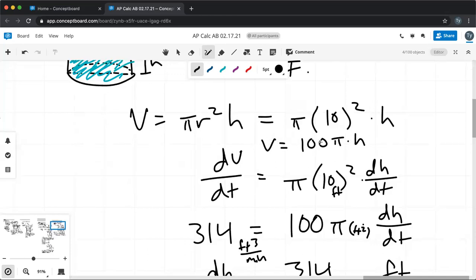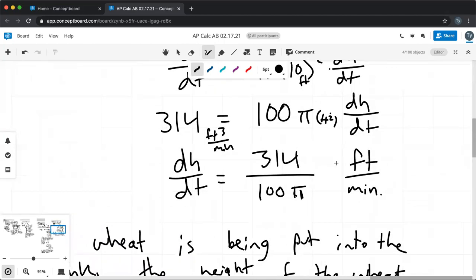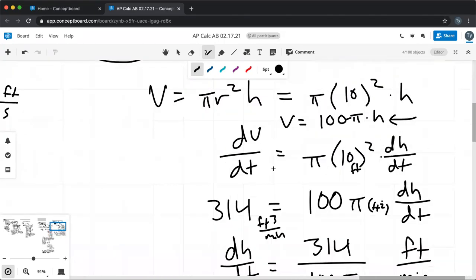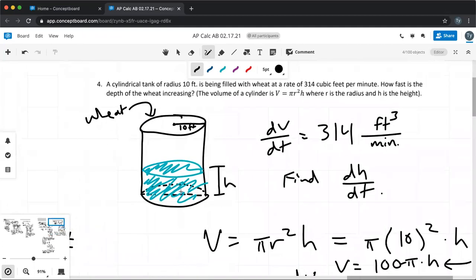So I have a variable equals a constant times a variable. I have no powers here. This is a linear function if we take it as a function of h, right? So there's no r in this part. So again, all this is to say, this rate of change happens no matter how high the wheat is.